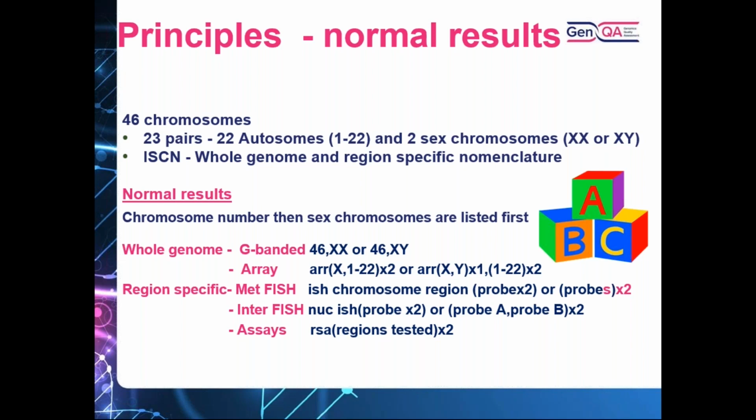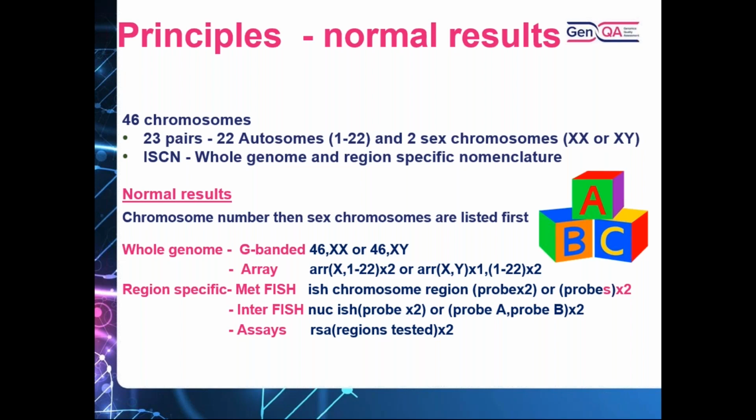You put the probe ×2, or you can have probe A, comma, probe B, and the ×2 goes outside the brackets this time. So it's only when you've got a single probe that you keep it within the bracket for normals, and if it's got multiple probes that are normal, you put the ×2 outside the bracket.